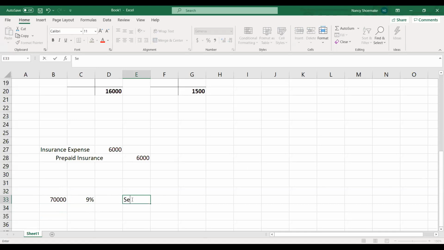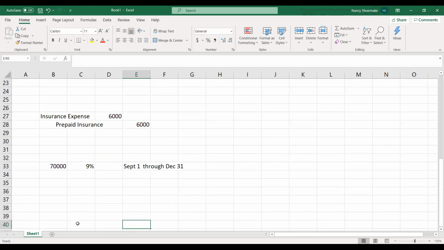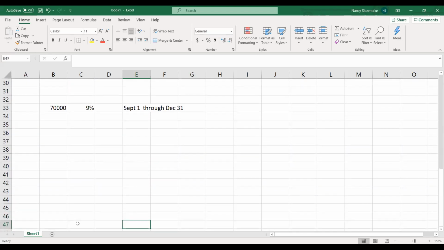So we need to show the interest expense for all of September, all of October, all of November, and all of December, right? Does that make sense? Since we borrowed 70,000 from the bank on September 1st, and it's at a 9% rate.